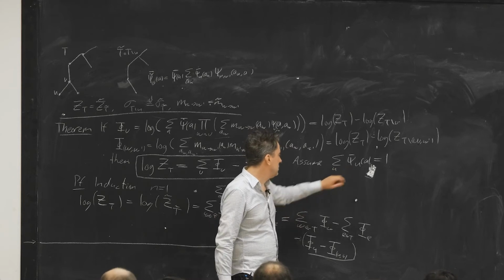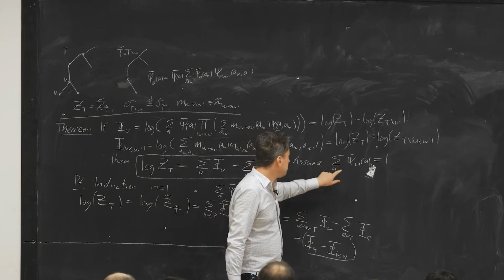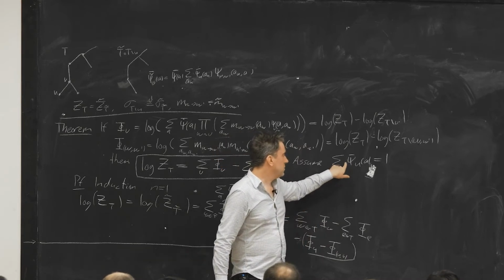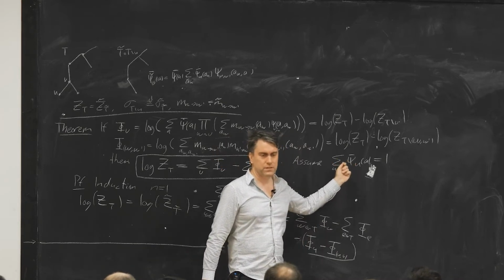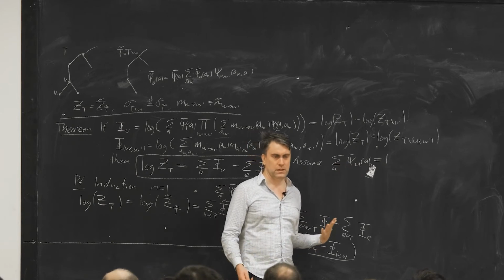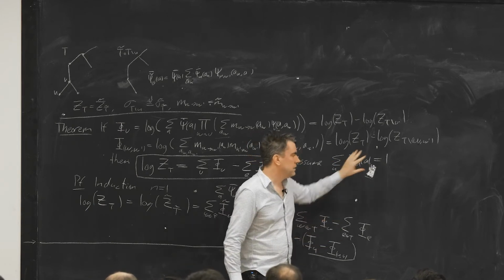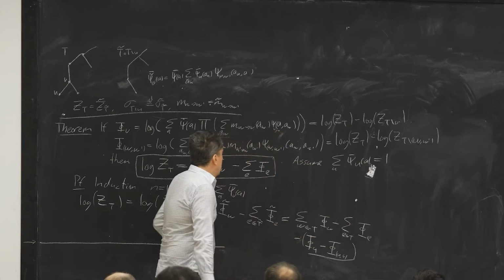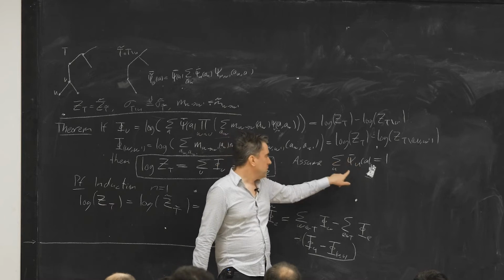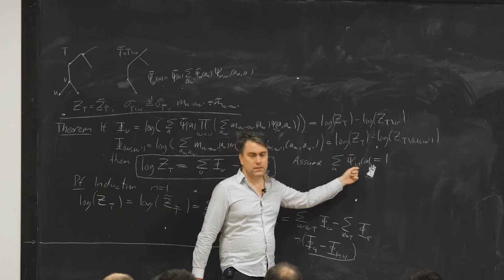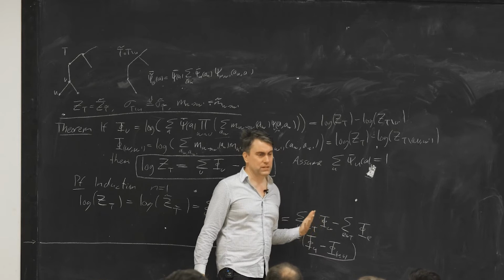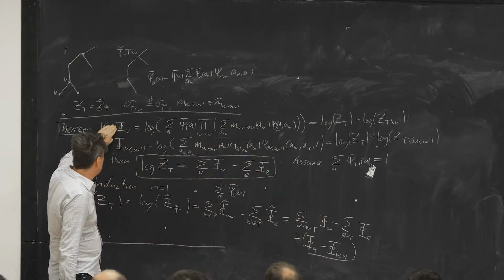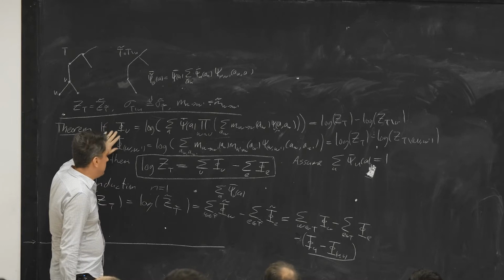So why can I make this assumption? Well, if I multiply all of these psi bars by a constant, then I'm not changing the distribution. Every configuration gets scaled by the same factor. It does change the partition function. So if I multiply all of these by lambda, then I'll change the partition function by a factor of lambda.